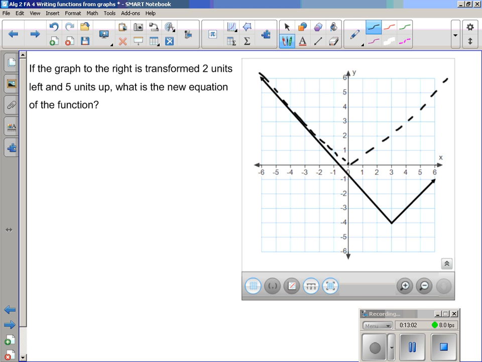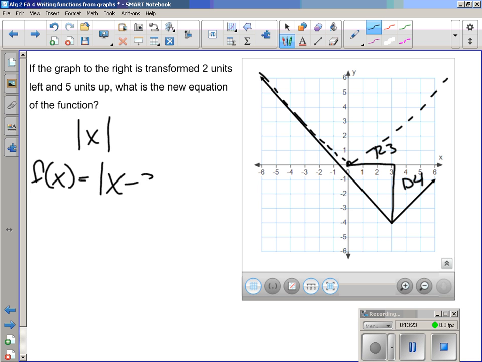And remember, that parent function looks like this, it's absolute value. So f of x, the black one, the one that's already there, from 0, 0, it's moved right 3 and down 4. So that would be the absolute value of x minus 3, minus 4. That's the black one. That's not my final answer, but that's just the black one.